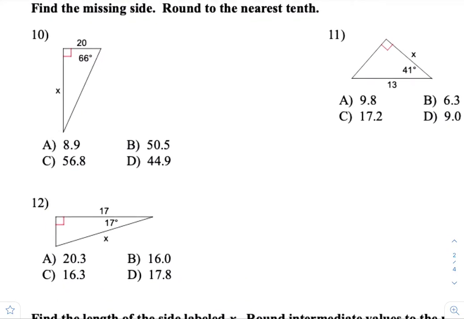Alright, so now you guys are trying to find side lengths. So I'm going to write our good old SOHCAHTOA up top. Here's the angle measurement. In the perspective of this angle measurement, this side would be the opposite, furthest from the angle.